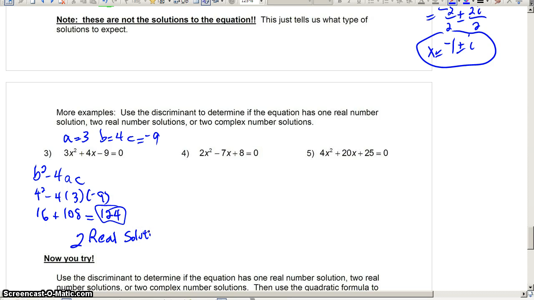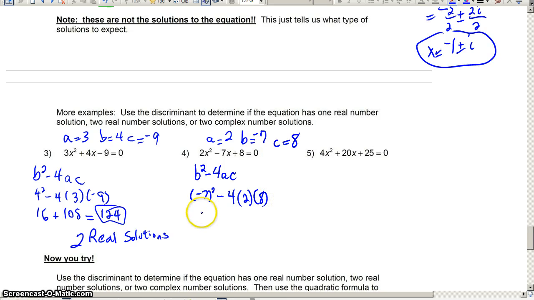Let's move on to number 4. Once again, we're not solving for the official answer. We're just using the discriminant to tell us what type of solutions we'd have and how many of those. Very quickly, you could find A, B, and C. A is 2, B is -7, C is 8. And working out the discriminant, b squared minus 4ac, well, we'd get -7 squared minus 4 times 2 times 8.